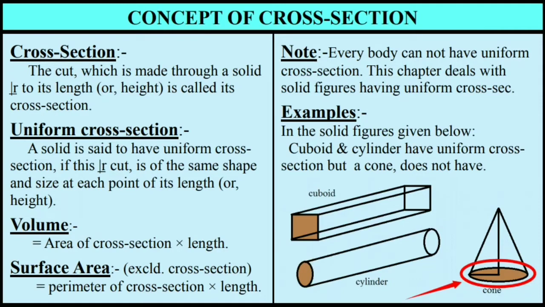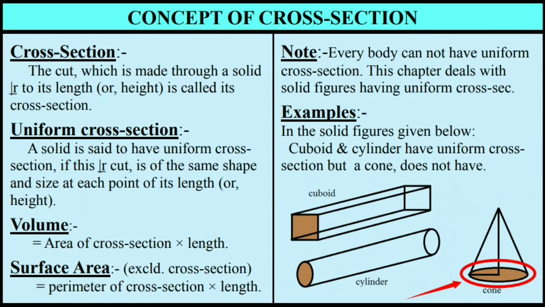Let's take an example of a cone. Its base is a circle and it is shaded here. I am trying to show here whether this circular base can be a cross section or not.